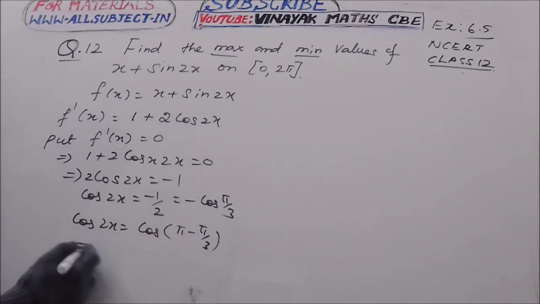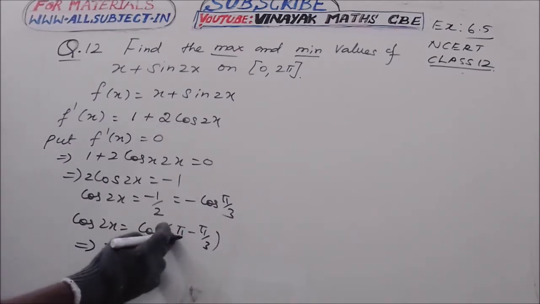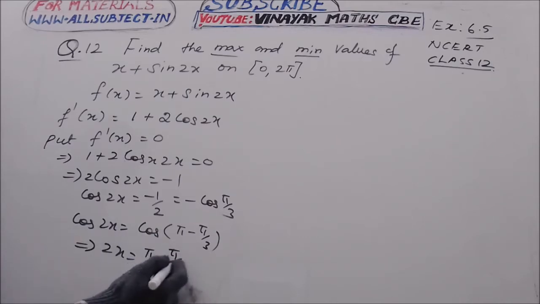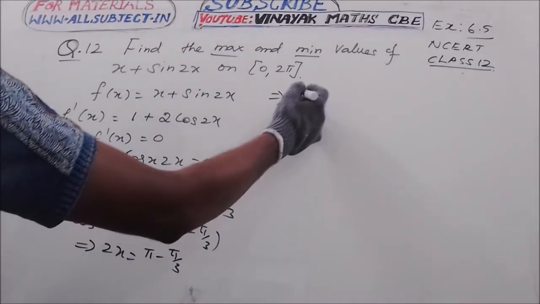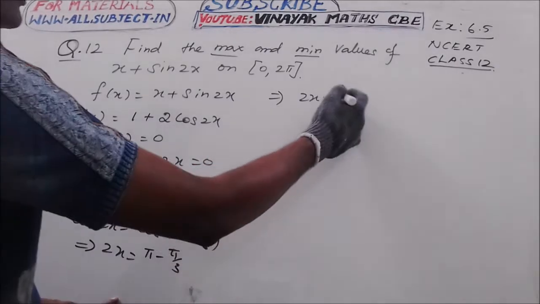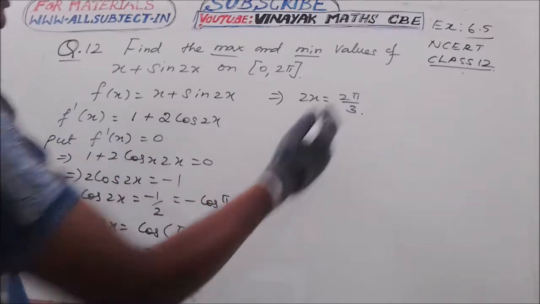Which implies 2x is equal to pi minus pi by 3. Simplifying this, 2x is equal to 3 pi minus pi by 3, that is equal to 2 pi by 3.